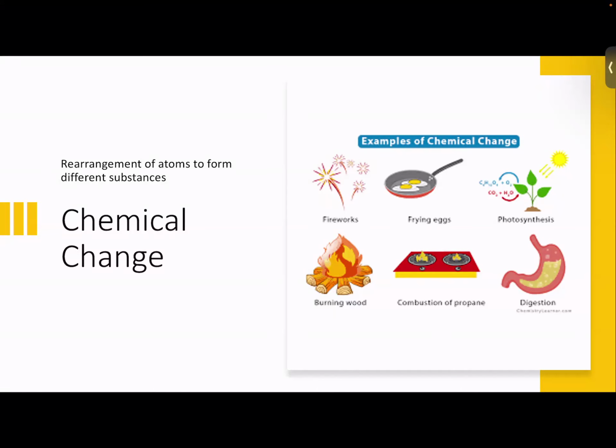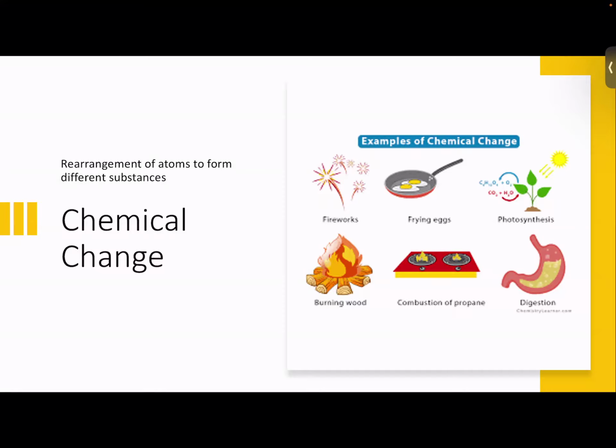Combustion. Anytime you've got fire involved, it represents a chemical change. Because fire is some substance plus oxygen, and they go to make some new substances. So burning wood is an example.